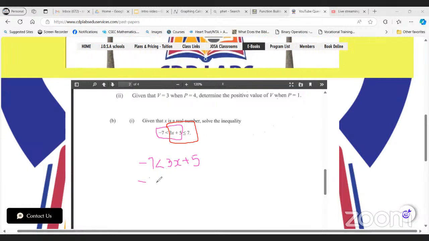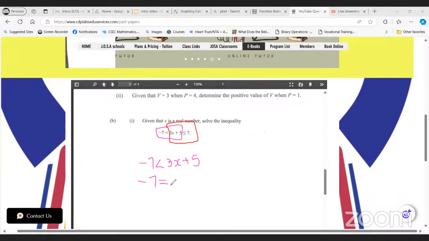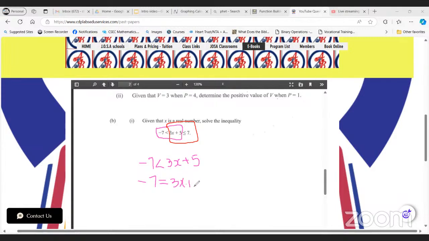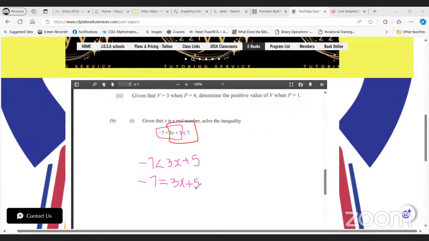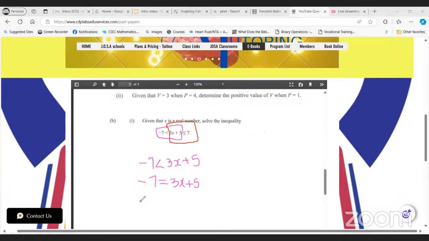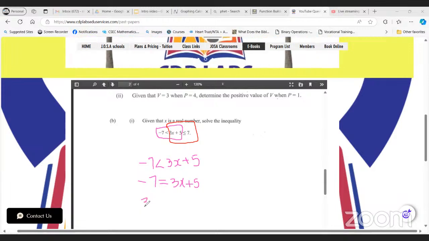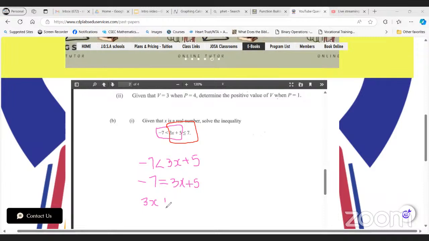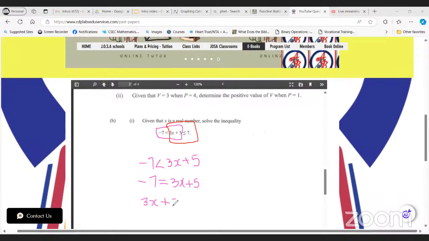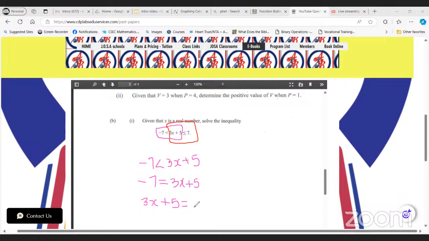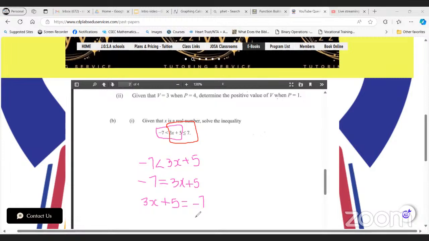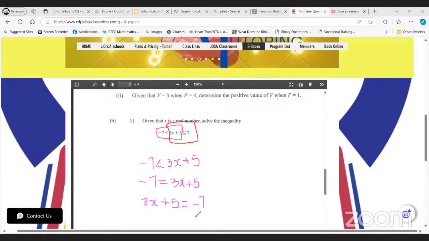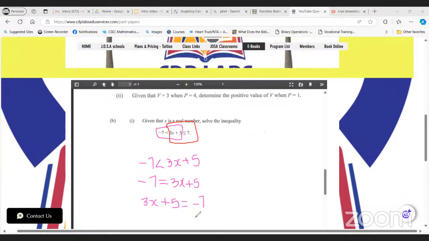So we say -7 is equal to 3x plus 5. Then we solve now for x. So I love to rewrite it this way: 3x plus 5 is now equal to -7.